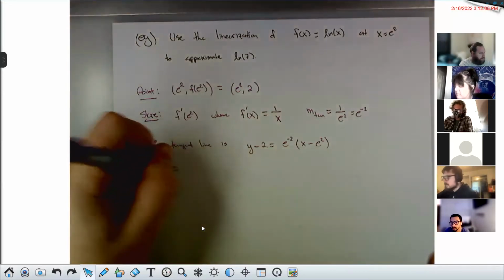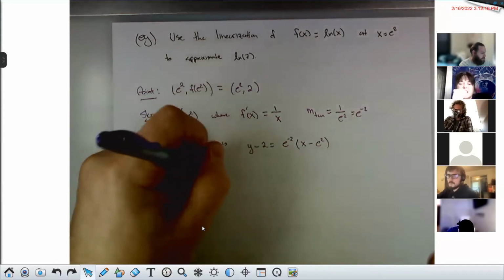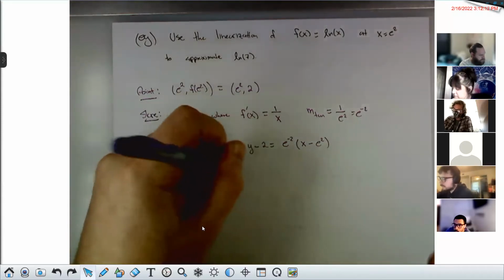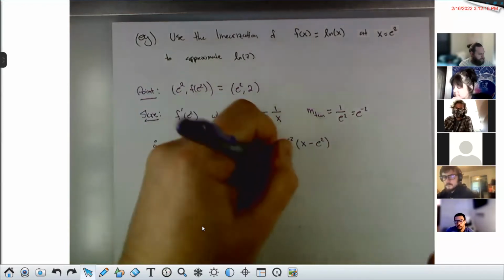Means that my linearization of x is e to the negative 2 times x minus e squared plus 2.